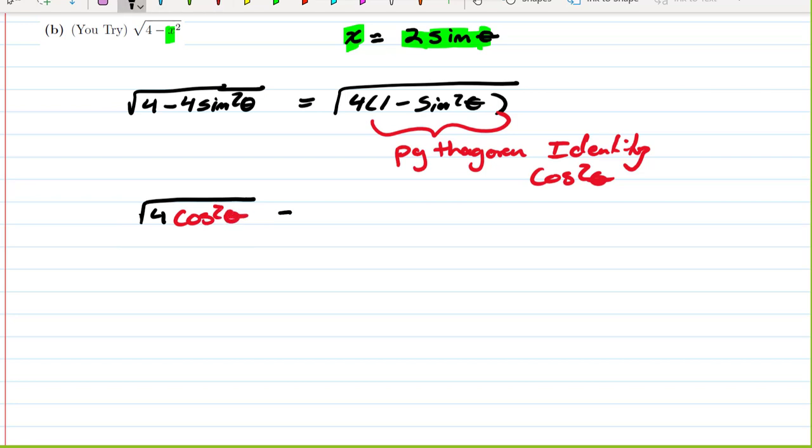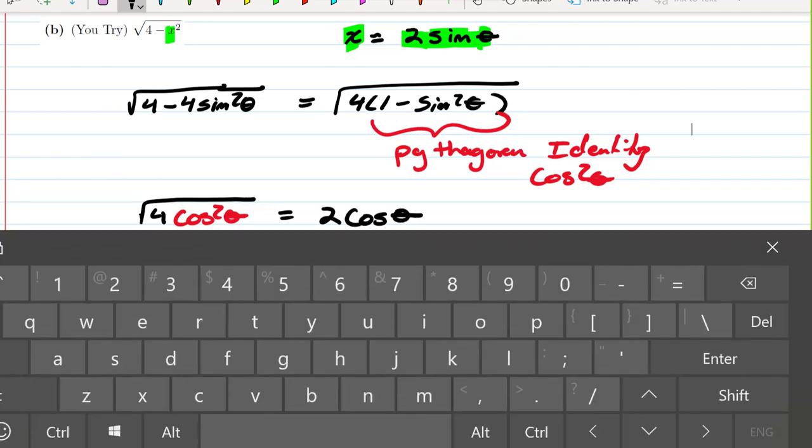The square root of 4 is 2, and the square root of cosine squared is cosine theta. So that simplifies down to cosine theta.